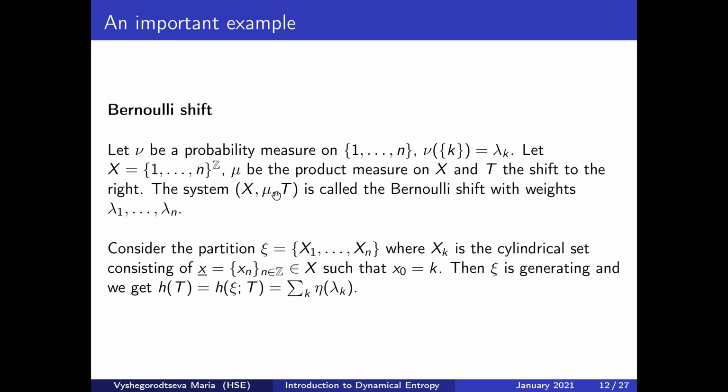We take a set of n numbers, and we define nu as a probability measure on these numbers, and the probability of choosing number k we will call lambda k.